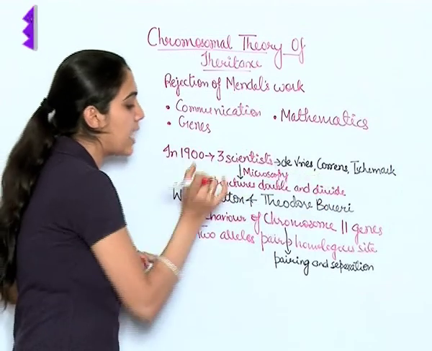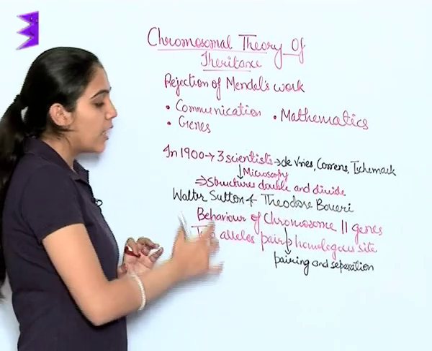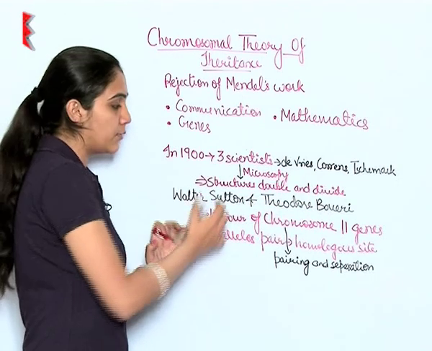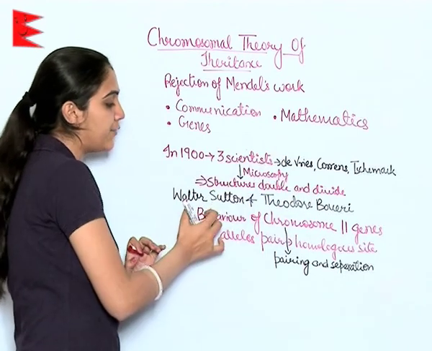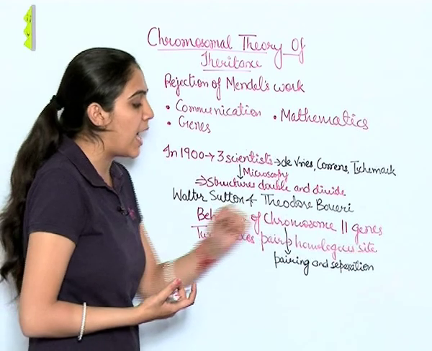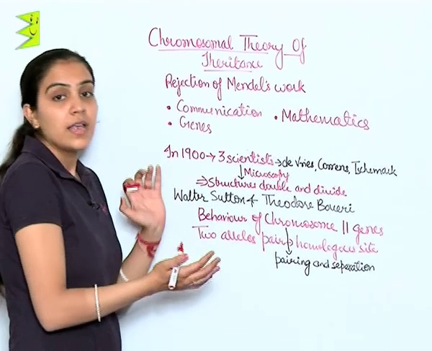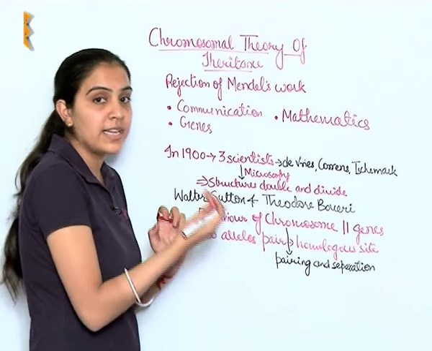After these three scientists, Walter Sutton and Theodor Boveri worked further on this, and they found that the behavior of chromosomes is parallel to the behavior of genes. These chromosomes are paired, and they also separate.